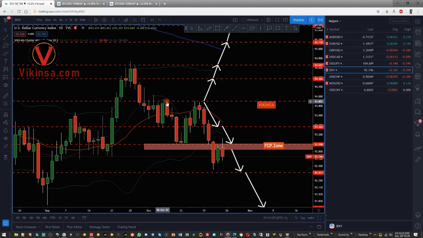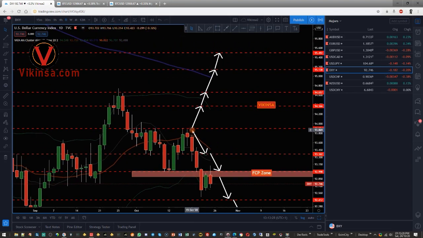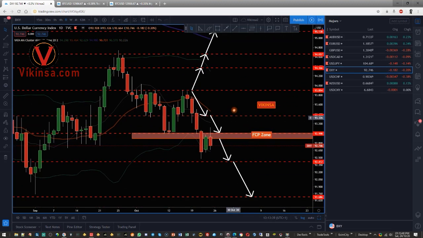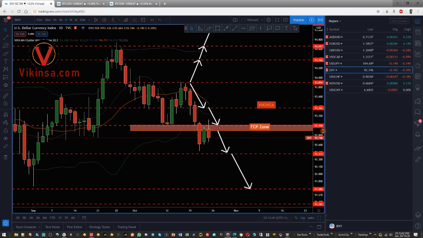As you can see, the market came here, and this is the decision point that we were looking for. We were expecting the market to either start to move up into this 94.30, 94.36, or start to fall down to 93.362. If that was crossed, then we were expecting it to come to 92.998, which it did.